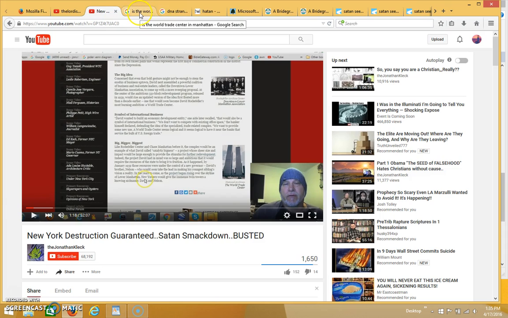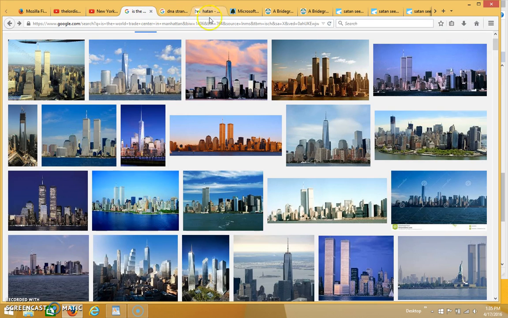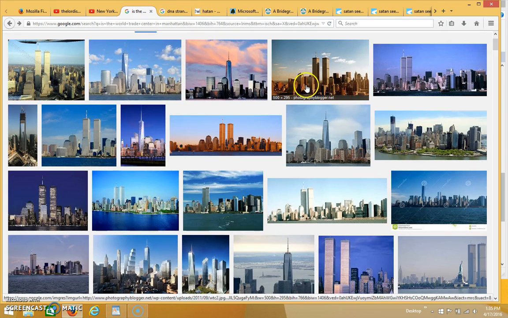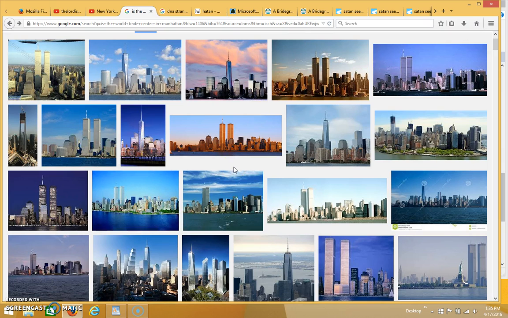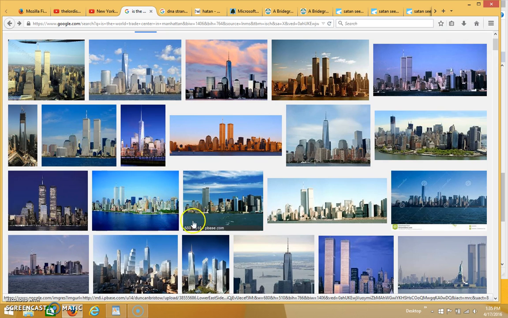And so I looked up to see if the Twin Towers are in Manhattan, and I pulled up images. As you can see, I'm not sure what I had Googled, something like, are the Twin Towers or is the Freedom Tower in Manhattan? And it came up with all these images. And when you look at these images, it's almost like seeing the two DNA strands being intertwined into one.